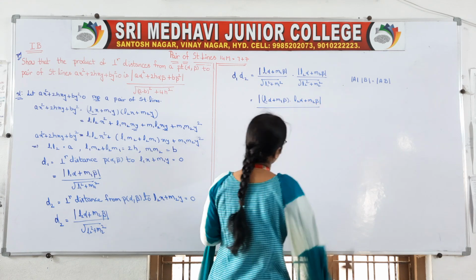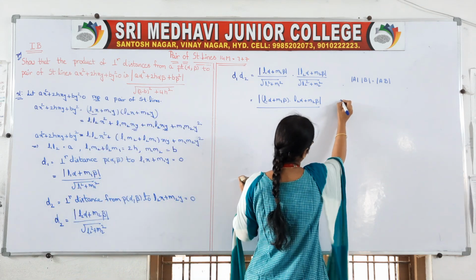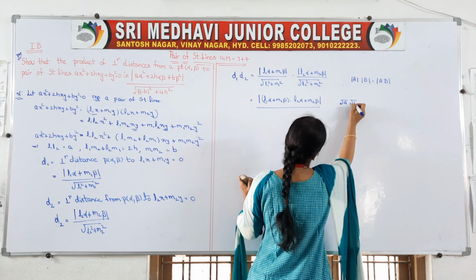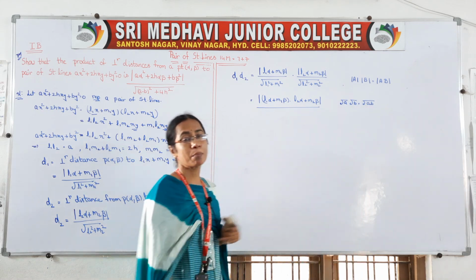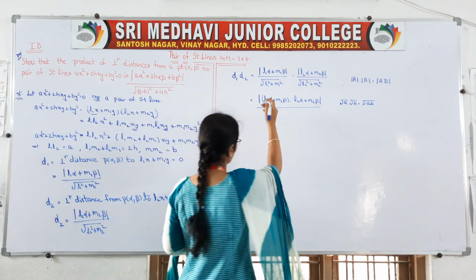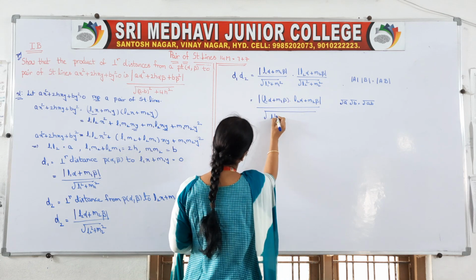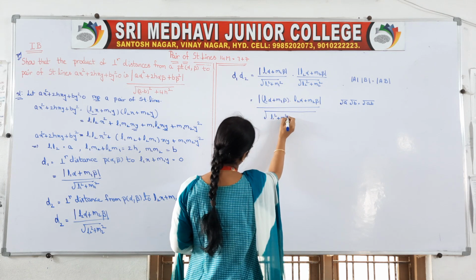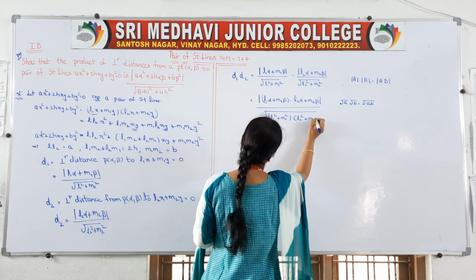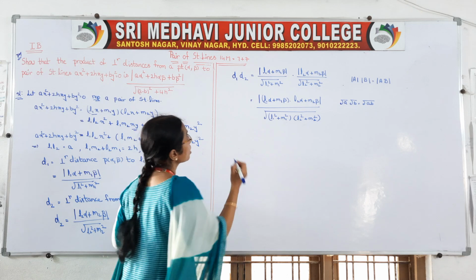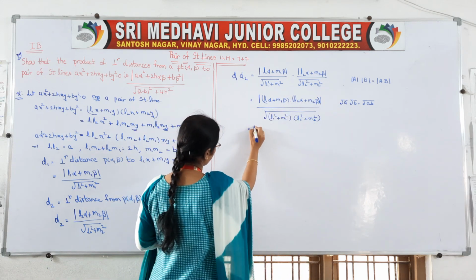Downwards, if both have the same root, we can take root A into root B as root of A into B. So we take root of (L1 square plus M1 square)(L2 square plus M2 square). Now we have to multiply these two upward values.